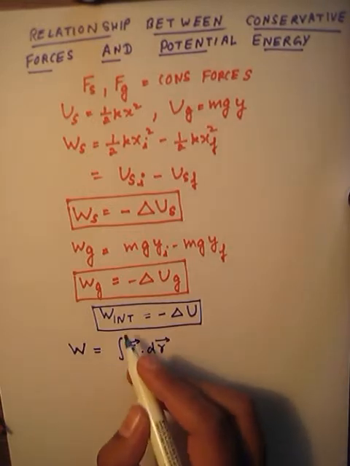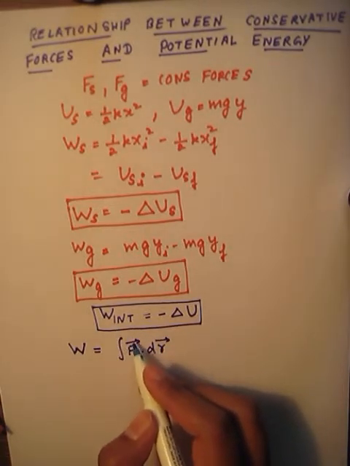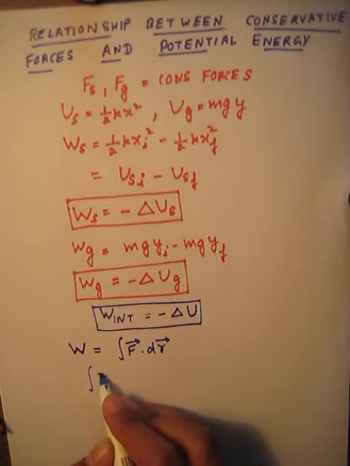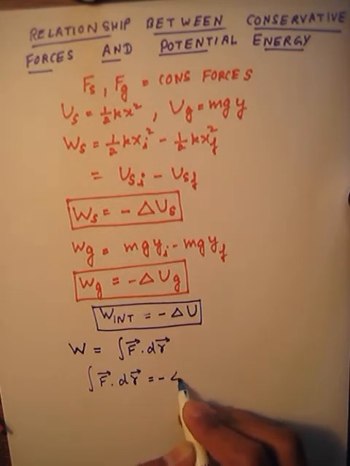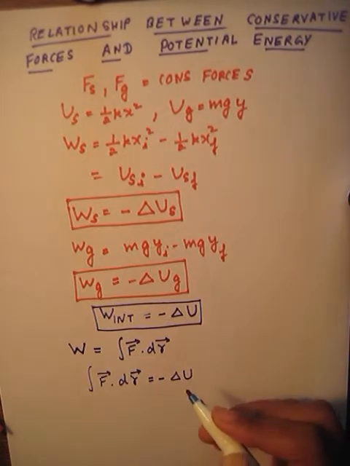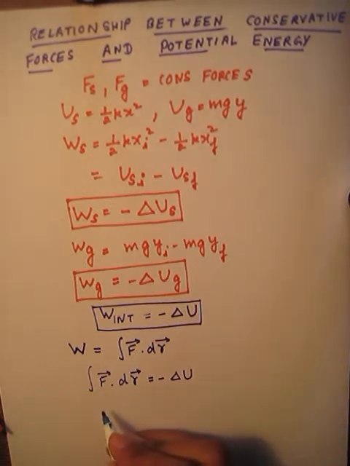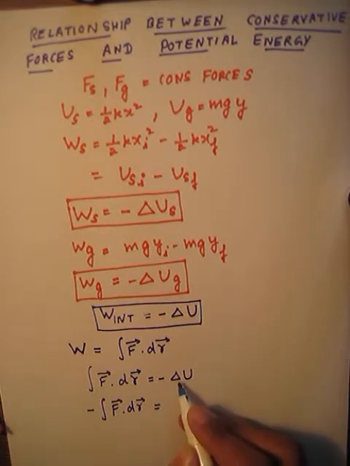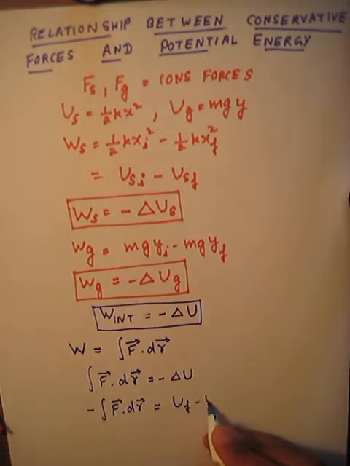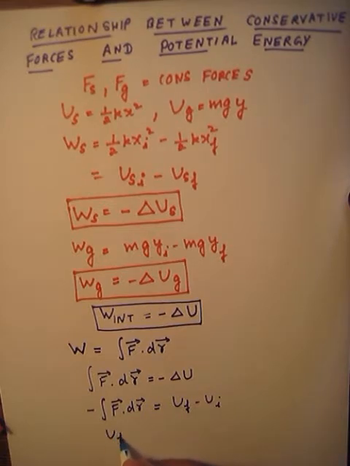So we can use this here also, and we can say that the work done, F vector dot dr vector, will be equal to minus delta U. So it can also be written as integral of F vector dot dr vector, and we can take this negative to the other side, and delta U means U_f minus U_i, so U_f will be equal to minus integral of F vector dot dr vector plus U_i.